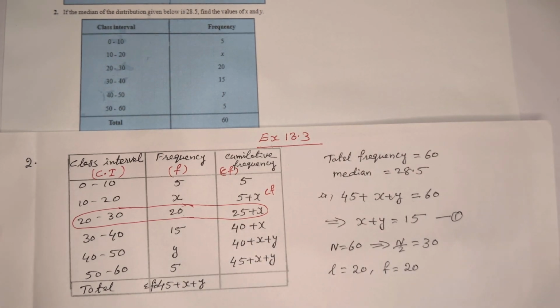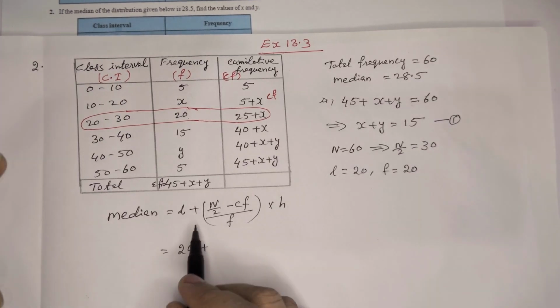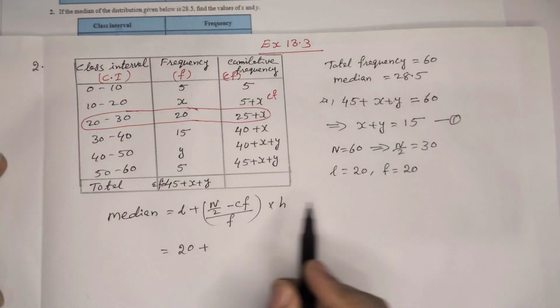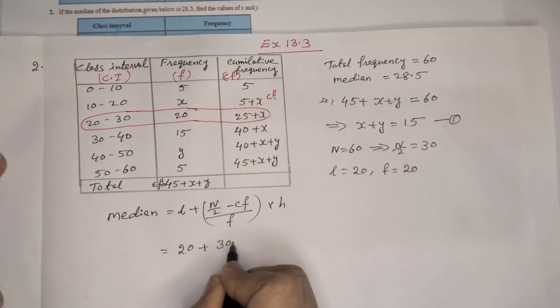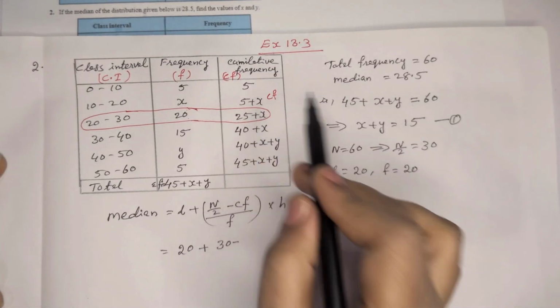Then we can put that in the formula, which is L is equal to 20, then n by 2, that is 30, minus CF, that is 5 plus x.